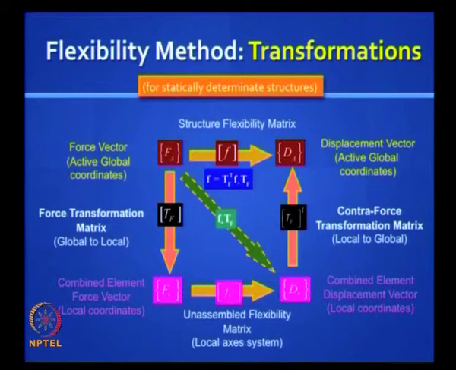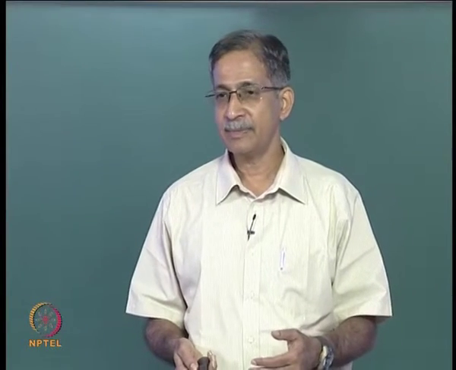Please note that the TF matrix is a unique matrix, it is a square matrix for a statically determinate structure, and from the element flexibility matrix unassembled F star and the TF matrix you can generate the structure flexibility matrix in much the same way we did this in the stiffness method.